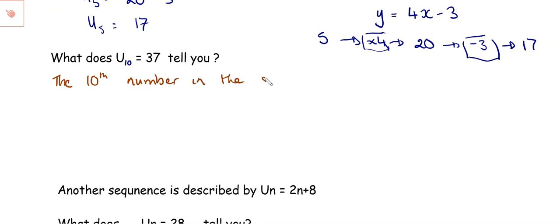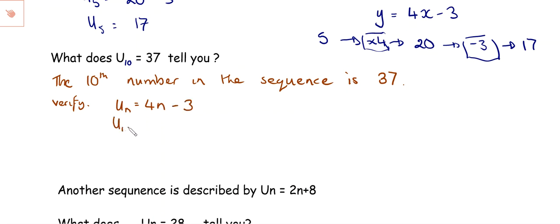in the sequence is 37. If we can verify that, remember the verify word from criterion B? We know that Un was what again from before? 4n minus 3.